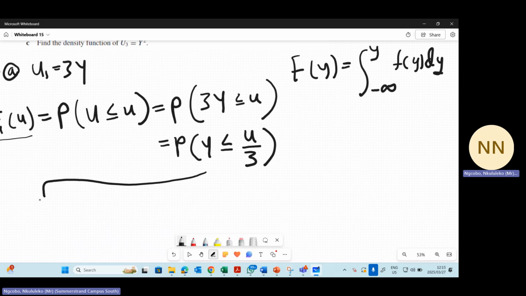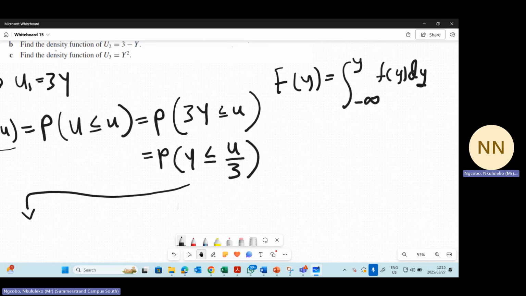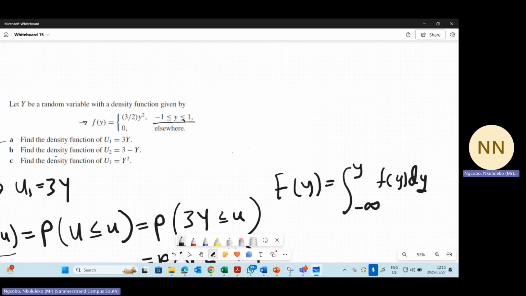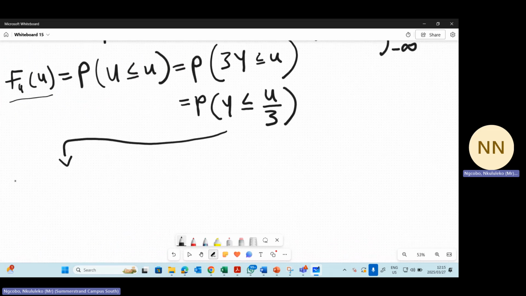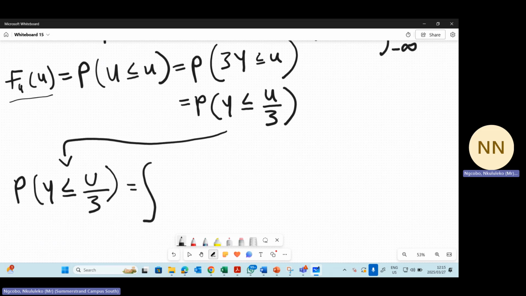It means for us to find this distribution, we need to see where our y starts. It starts from -1, right? So the probability of y less than or equal to u over 3 should be the same as starting from -1, but your endpoint should be just u over 3.